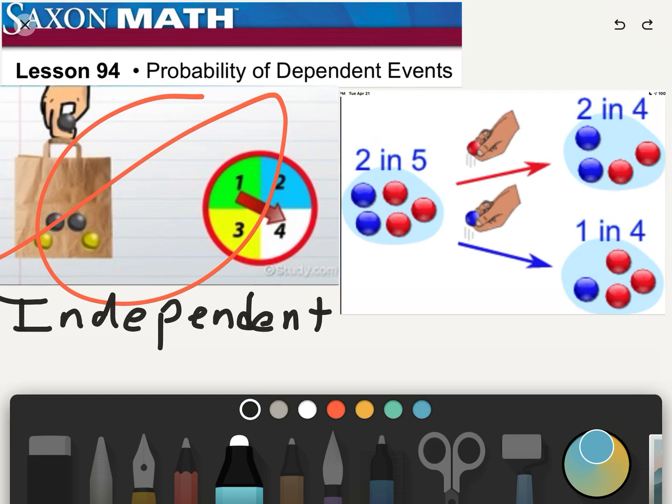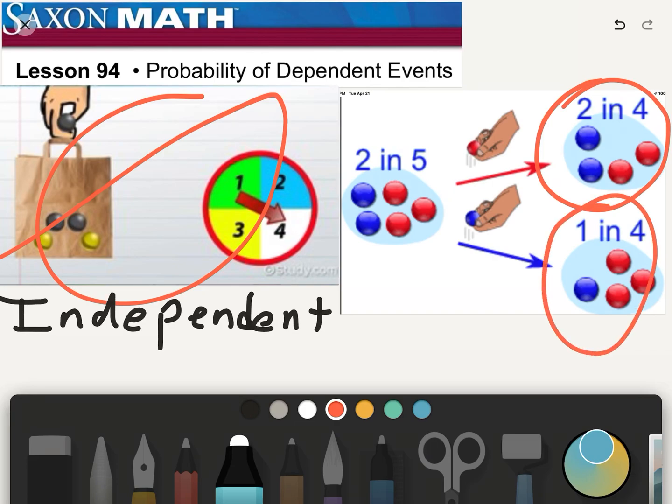So in this case, say you started out with a 2 in 5 chance of drawing a blue marble. But depending on whether you draw a blue or a red marble, it affects the second event.